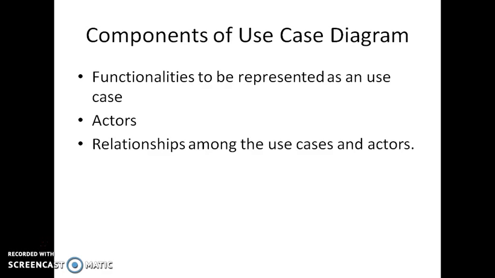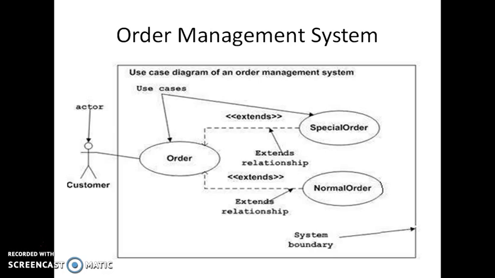Now let us consider one example of a use case as an order management system. Let us observe this figure carefully. Here we can see there are different horizontal ellipses. The ellipses are nothing but the use cases, meaning the functionality of the system.